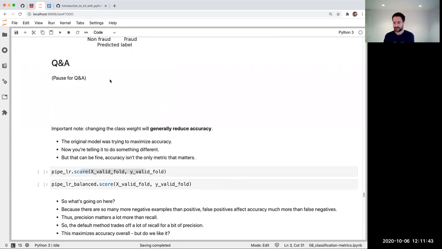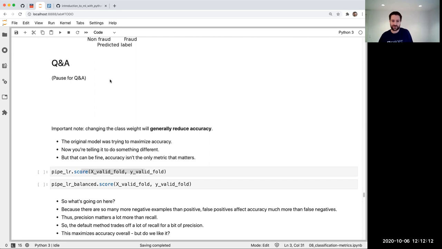Another question: is class weight another hyperparameter we should tune? That's a very interesting question. I do actually have you tune it in the homework, but there are two ways of thinking about it. One is that you find a score that you really care about, maybe F1 score. You just decide F1 score is the be all and end all, and you want to make it as big as possible.